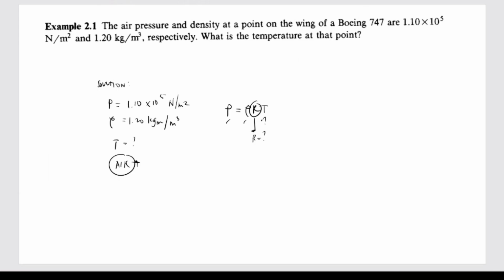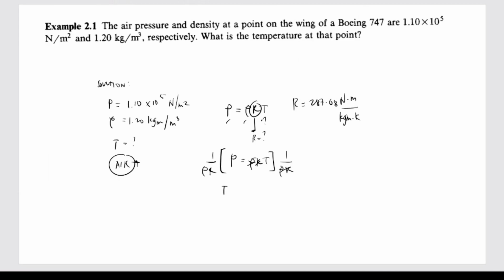So, for these units, metric, we use R equal to 287.08 Newton meter per kilogram mass per Kelvin. Rearranging the equation, P is equal to rho RT, multiplying both sides by 1 over rho R, the 1 over rho R cancels out.